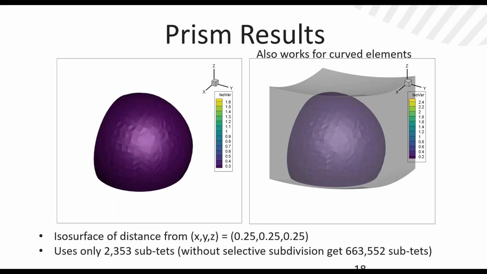And this only uses 2,353 subtets because of the selective subdivision. If we had not used selective subdivision, it would be 663,000 subtets. So that's about 2 orders of magnitude savings in terms of memory, and also savings in computational cost.